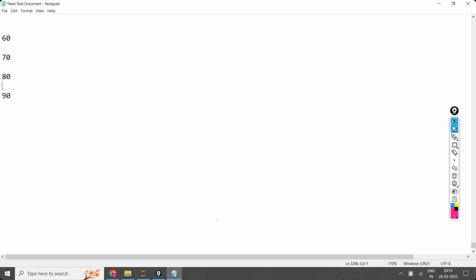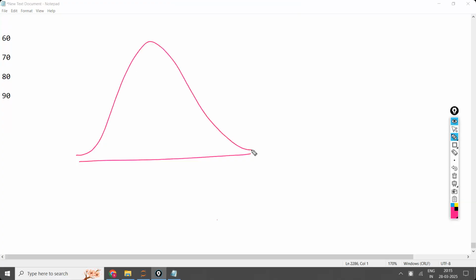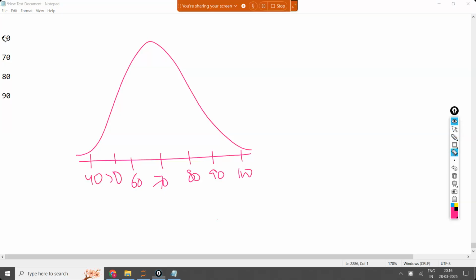Now, here, this is normally distributed data with the values 70, 80, 90, 100, 60, 50, 40. For this data, what is the mean and what is the standard deviation, guys?